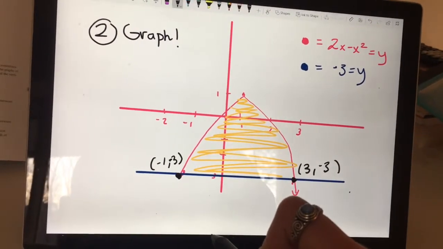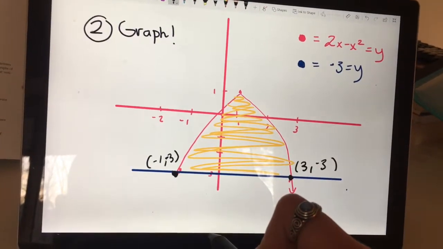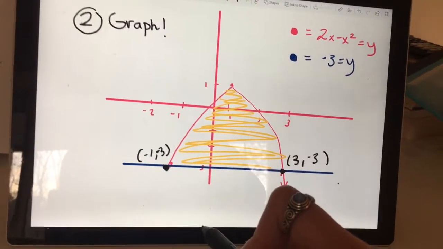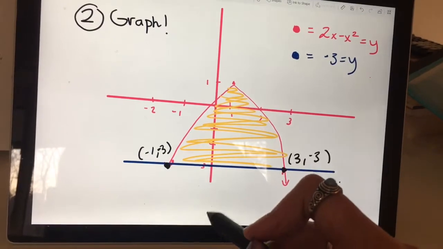It's very easy to set up the integral when you have a visual depiction of what you're trying to solve for.